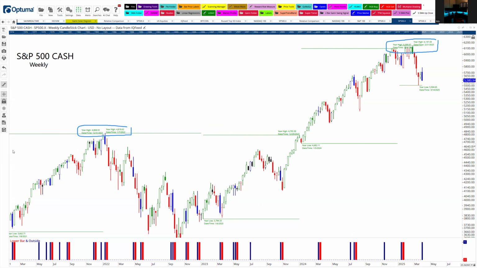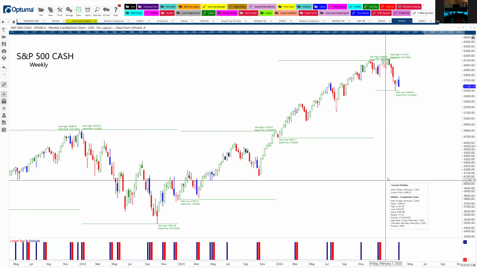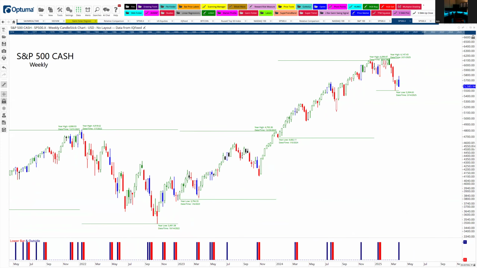Now if you compare side by side, thinking, are we going into a bear market? Well, that's a tough call to make. If we're starting into a bear market, then this is the first initial dip that we had, as a starter.